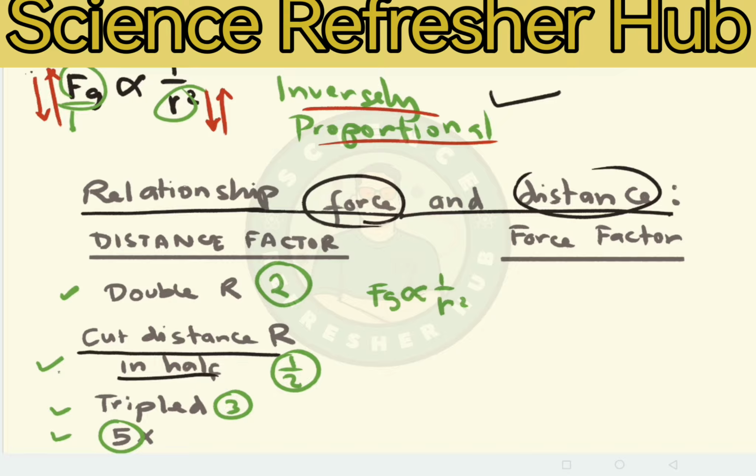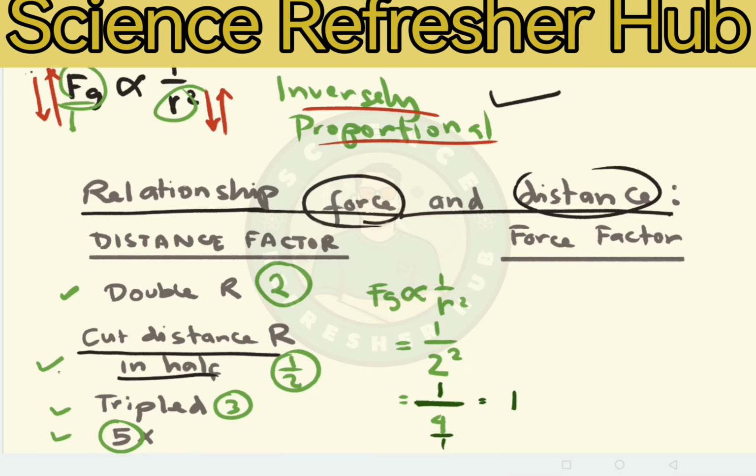So what will happen if we double the distance? We place 2 here since we double the distance, and then square it. In that case, it will become 1 over 2 times 2, that's 4. If we want to get the force factor, we have to divide 1 by 4, and remember we have over 1 here.